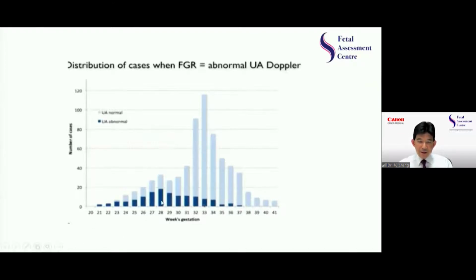You can see that this is another histogram of the distribution of umbilical artery Dopplers. Basically, this and the next graph are to demonstrate that umbilical artery Doppler may be helpful in the preterm FGR up to 32 weeks, but has very, very poor discriminatory value in late FGR, because you can see most of the late FGRs have a normal umbilical artery Doppler.